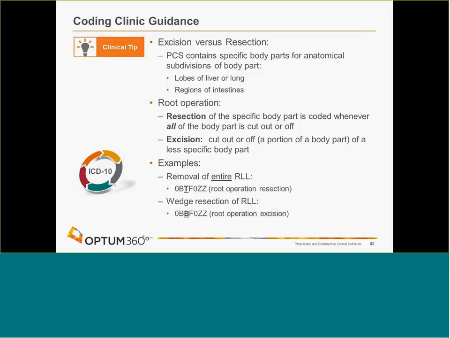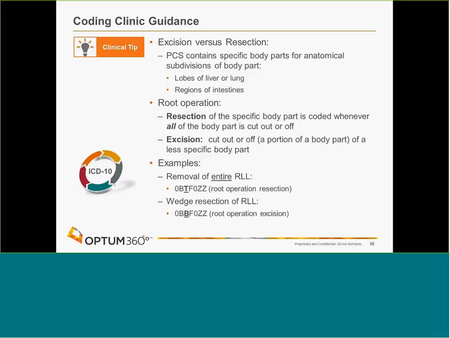So excision versus resection. If you were talking about lobes of the liver or lung or a region of an intestine, that would be an excision. If you're talking about all of a kidney, that would be a resection. Again, if you remove the entire organ.